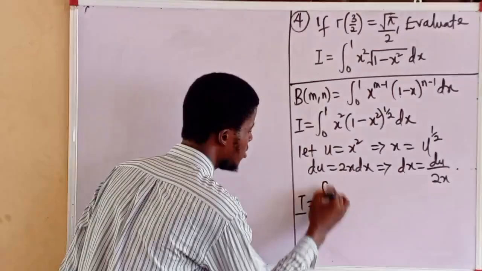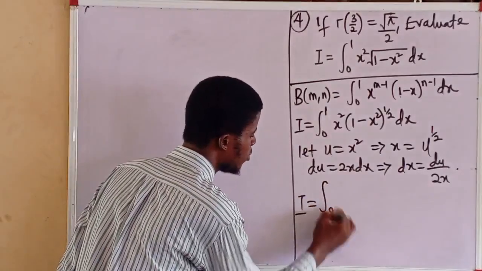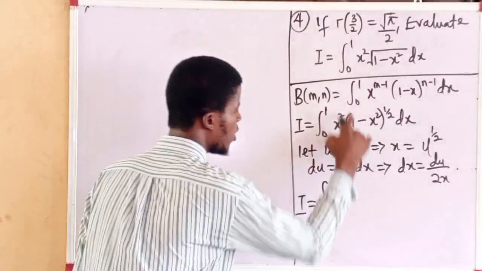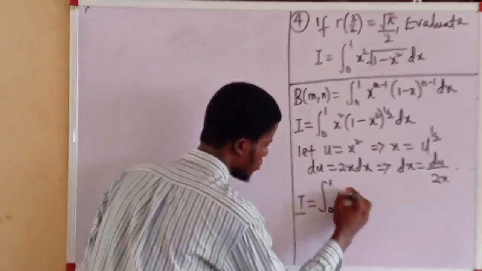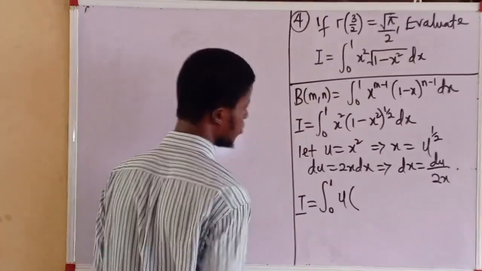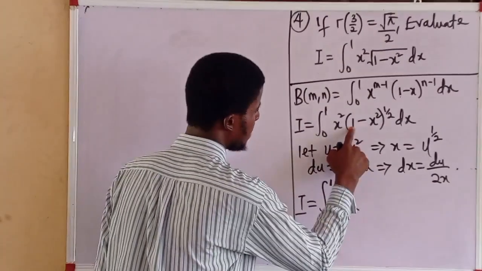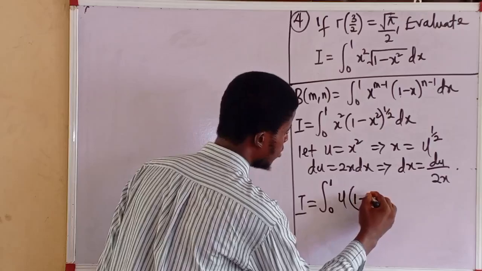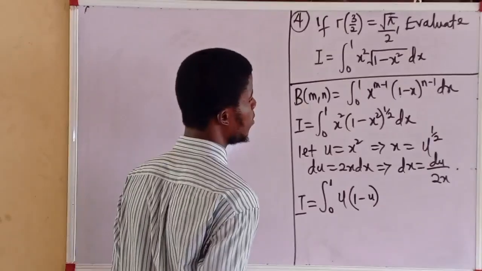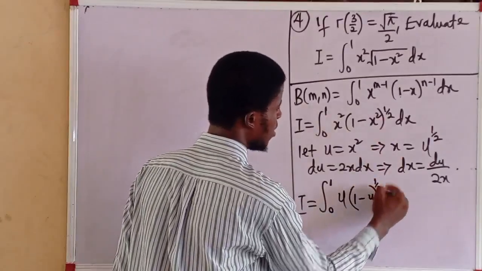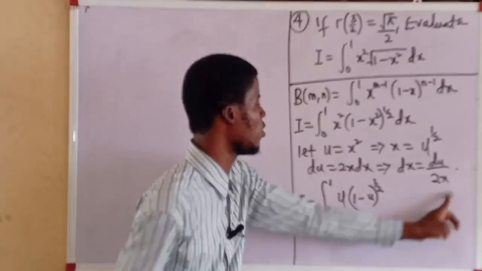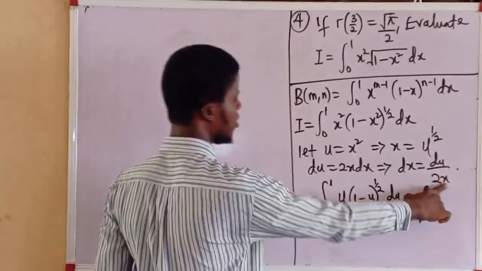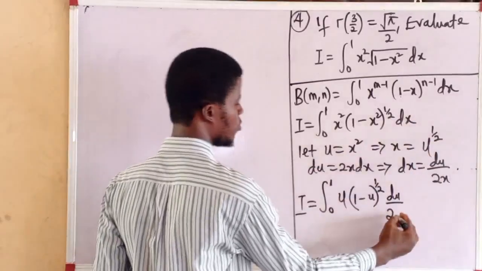We are talking about the integral from u equal to 0 to u equal to 1 of x squared, which is u, into 1 minus u to the power of 1/2, times dx, which is du all over 2x. But x itself is u to the power of 1 over 2.